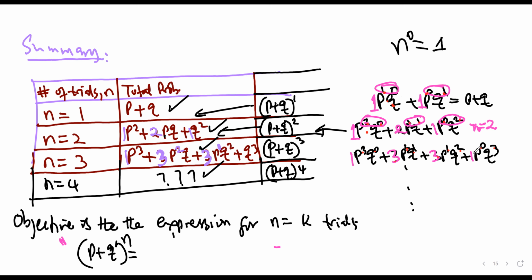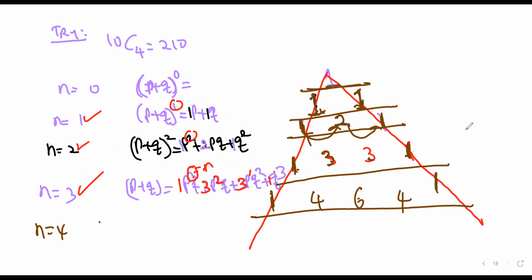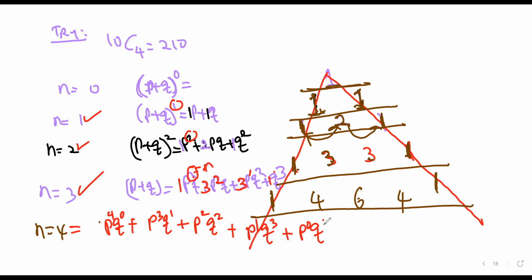Then the coefficients here are obtained from the Pascal's triangle. So with that in mind, I can just come here and say that this will be the same as P power 4, Q power 0, plus P power 3, Q power 1, plus P power 2, Q power 2, plus P power 1, Q power 3, plus P power 0, Q power 4.